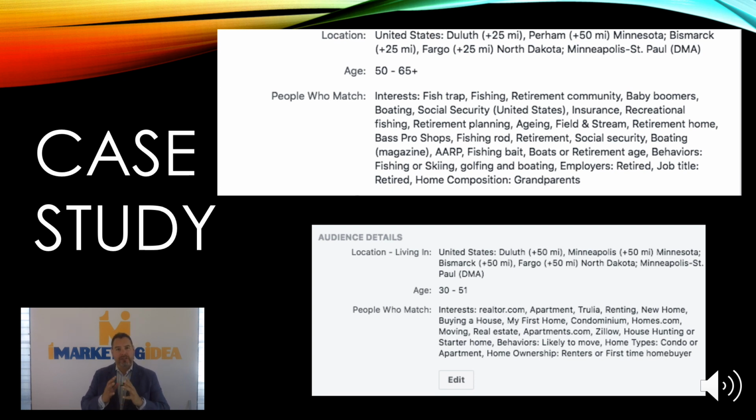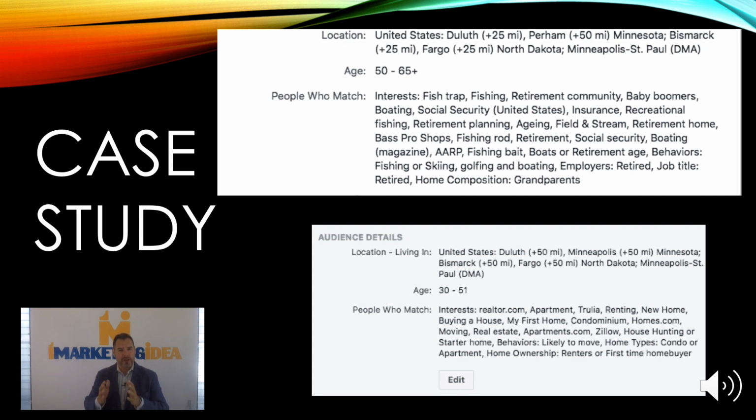They wanted to target two audiences, retirees and first-time home buyers. So we chose to target retirees by segmenting by age and by interests, such as boating.